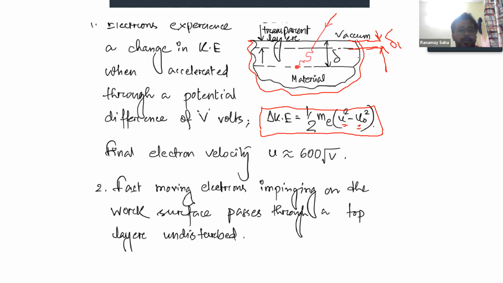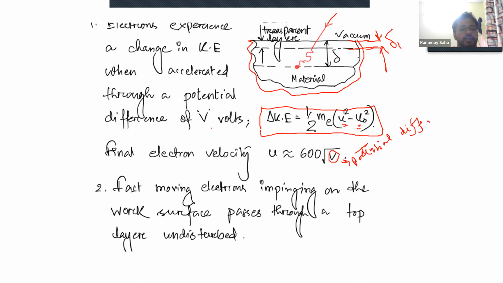That way, the final velocity becomes 600 root of the applied potential difference.